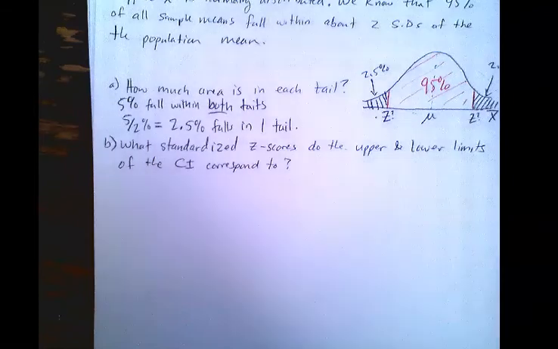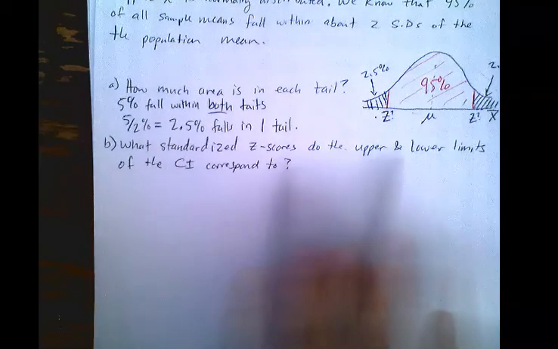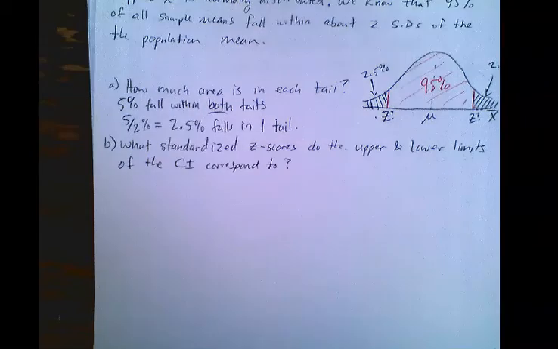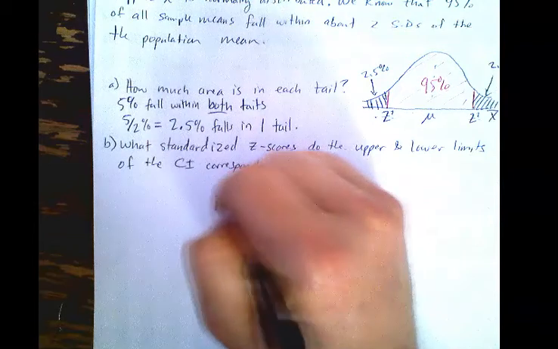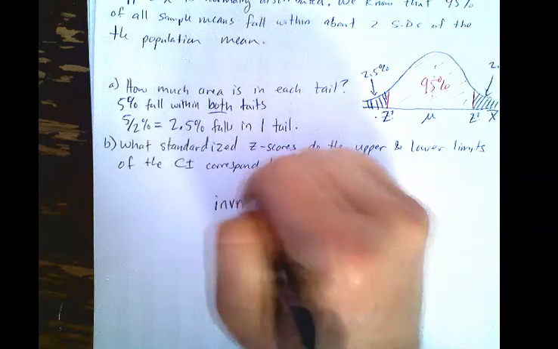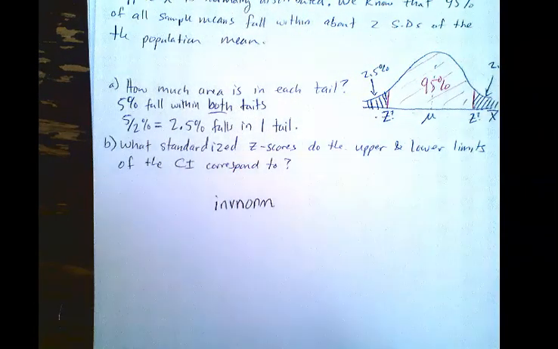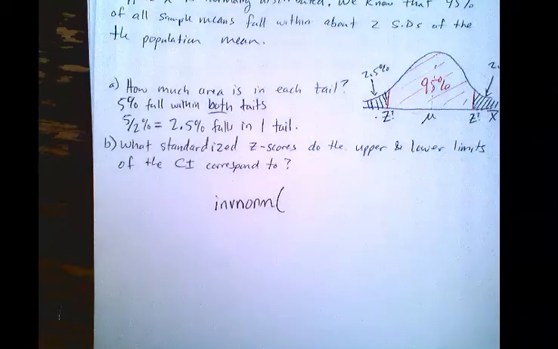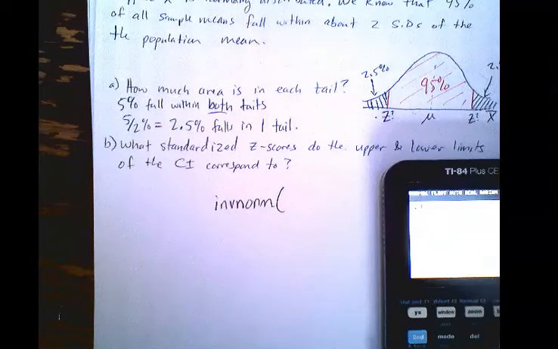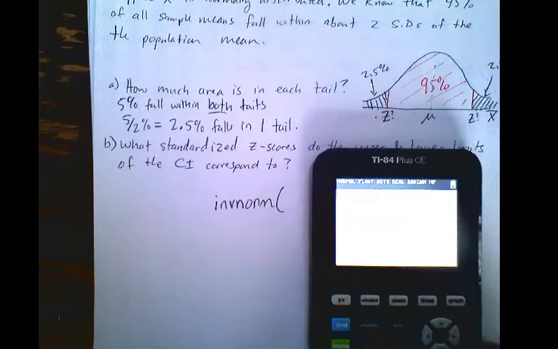So now we're asked to find out what the z-scores are corresponding to this area. Okay. So if we want the standardized z-scores, all we need to do is use our calculator. We use the inverse norm feature of our calculator with the standard normal information plugged into it.